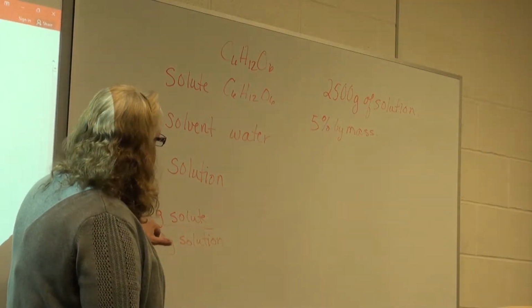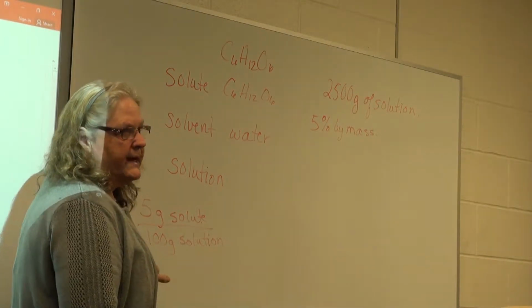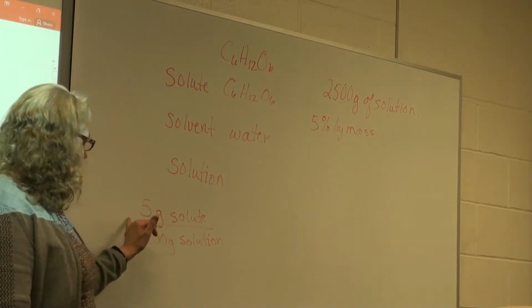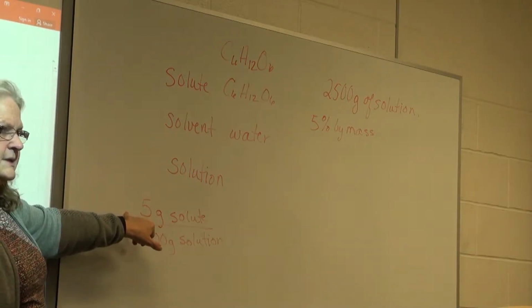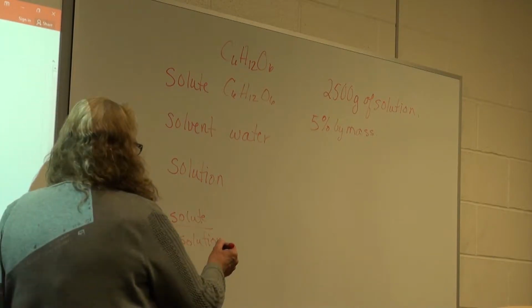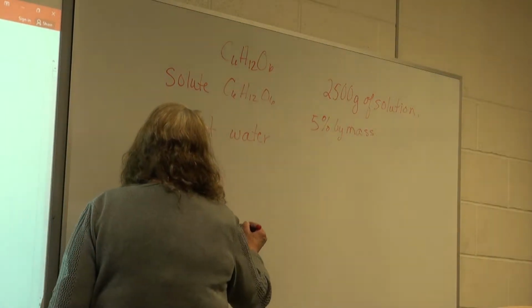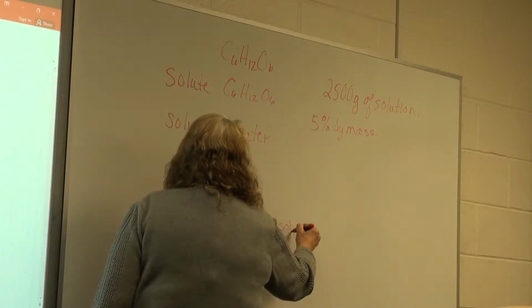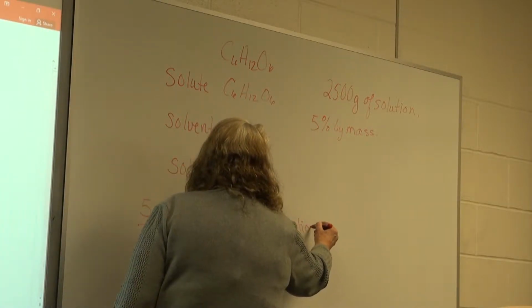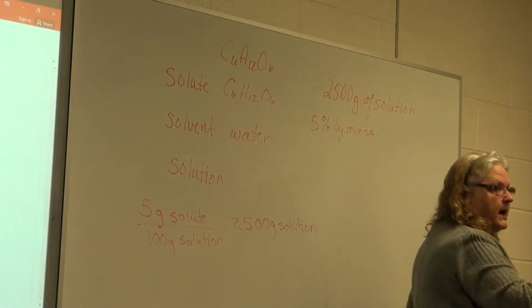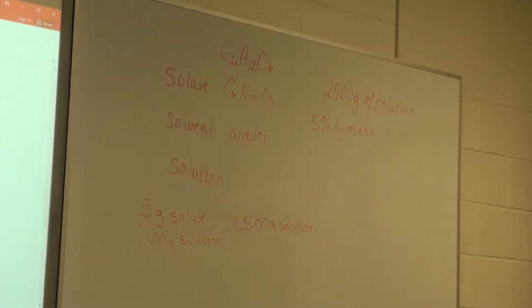So I want to make 2,500 grams of this solution. Multiply it by 25, exactly. I want to find the grams of solute. I know how much there is for 100 grams of solution, and I want to make 2,500 grams of solution. This is very similar to the way we attacked the problems with the solubility curve. We knew the solubility per 100 grams of water, and we multiplied by the mass of the water that we wanted.